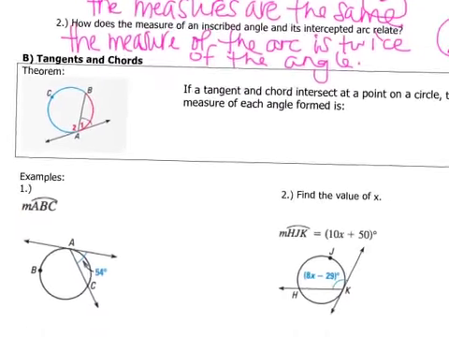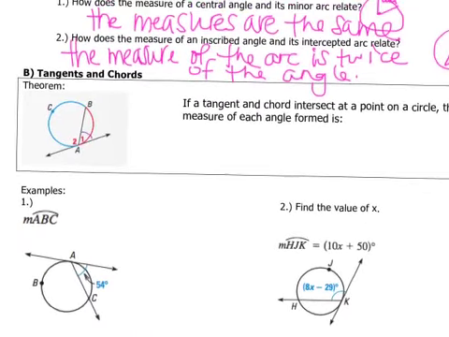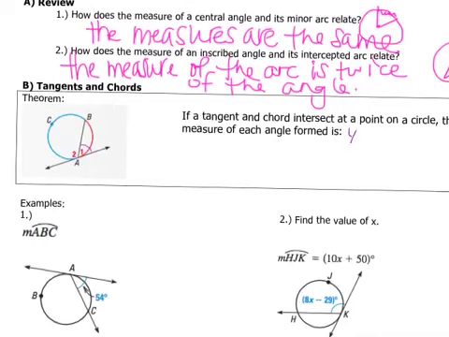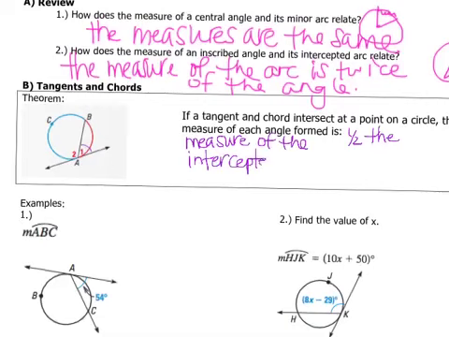It is half the measure of the intercepted arc. So the measure of angle 1 is half the measure of arc AB.